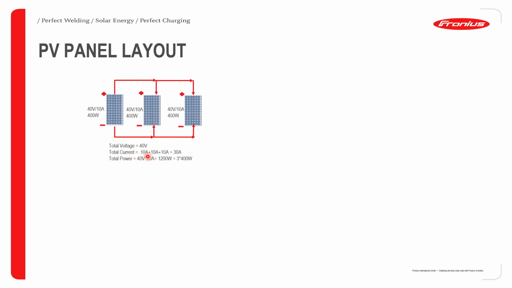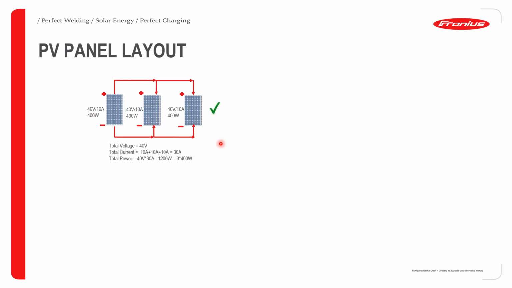For the total current, it is now going to be equal to the summation of all the branch currents, that is the current flowing through each of the respective panels in parallel. So we have 10 plus 10 plus 10. That gives us 30 amps. So when you multiply it to get the total power, we're going to have 1.2 kilowatts or 1,200 watts, which is basically the summation of the respective power of the panels.